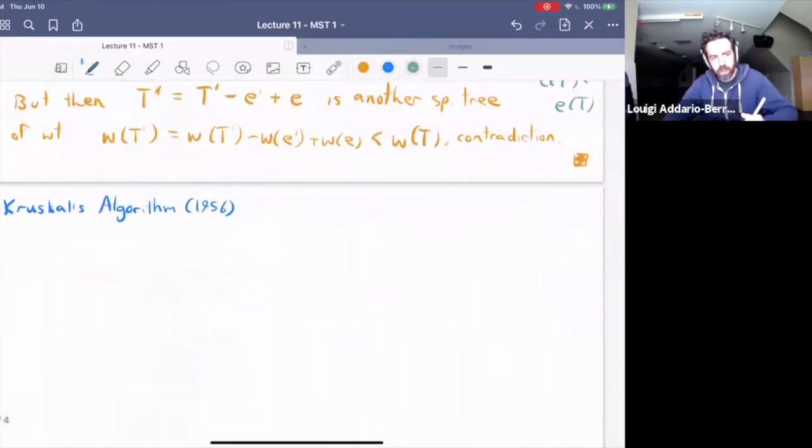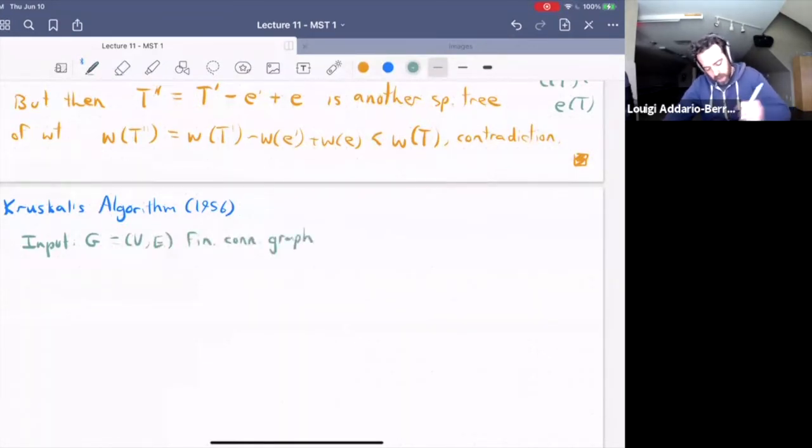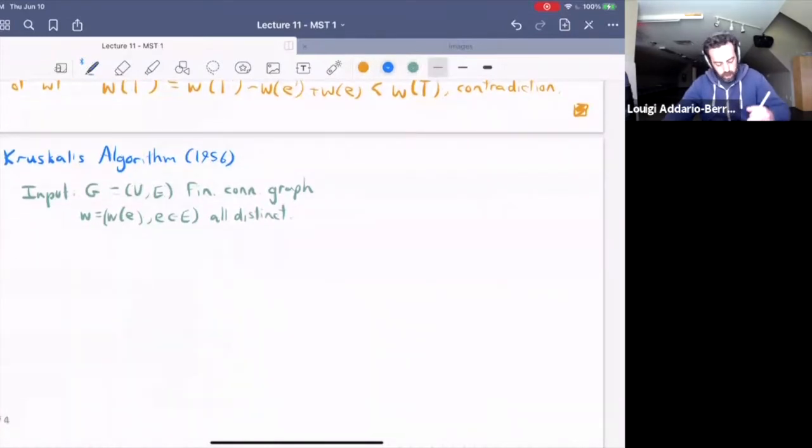So here's how Kruskal's algorithm works. We're going to be given as input a finite connected graph, and then edge weights as before. Let me assume that they're all distinct. The procedure works like this.